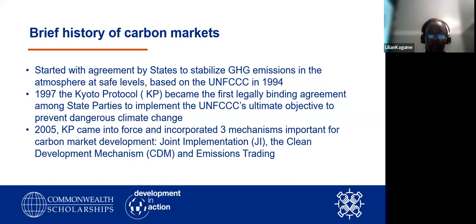And this was followed by the adoption of the Kyoto Protocol in 1997. And this basically marked the first legally binding agreement amongst state parties to implement the UNFCCC ultimate objective to prevent dangerous climate change. So as I mentioned, we are currently looking at keeping it below 1.5 degrees Celsius.